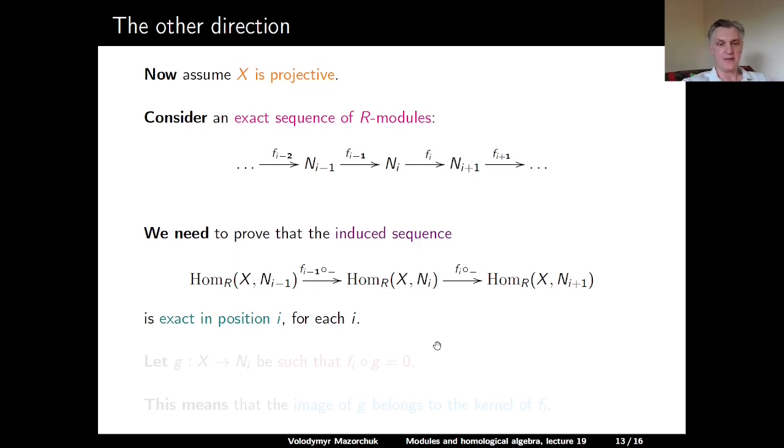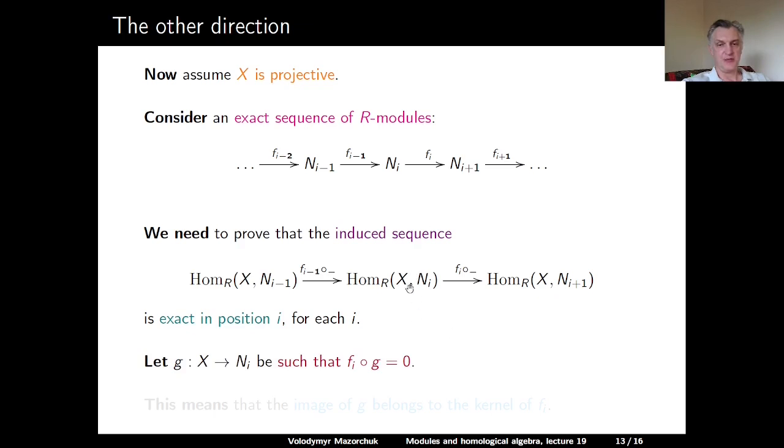At position i, we have the following part of that sequence. So we have hom from X to N sub i-1, postcomposing with f sub i-1, we go to hom from X to N sub i, and postcomposing with f sub i, we go to hom from X to N sub i+1.